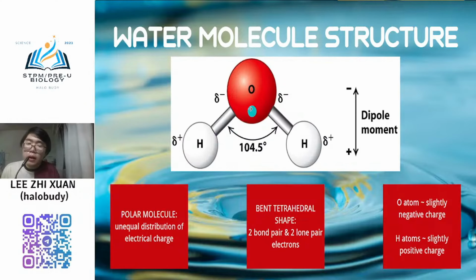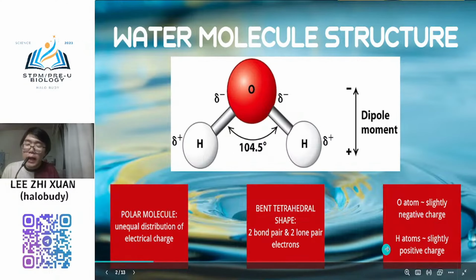So the oxygen and hydrogen will share 1 electron with each other to form H2O. The oxygen atom is slightly negatively charged and the hydrogen atom is slightly positively charged, and we know that water is a polar molecule.